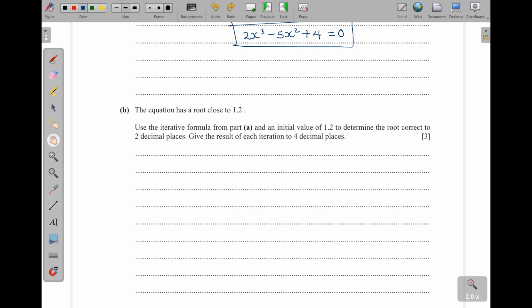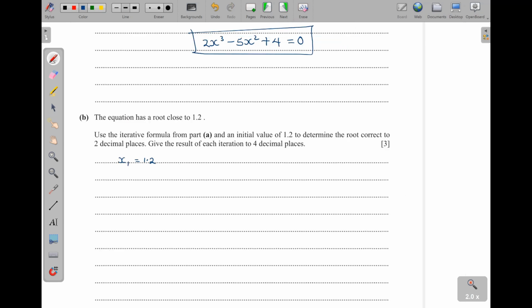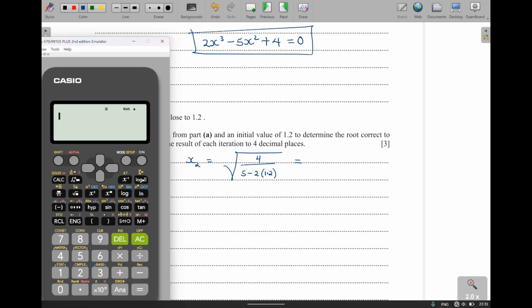So if our x1 here is 1.2, by substituting in the formula that is given, our x2 is going to be equal to the square root of 4 over 5 minus 2 into 1.2. Wherever there is x, we put this value that we have gotten here. So in your calculator, square root of 4, then divide by 5 minus 2 into 1.2.